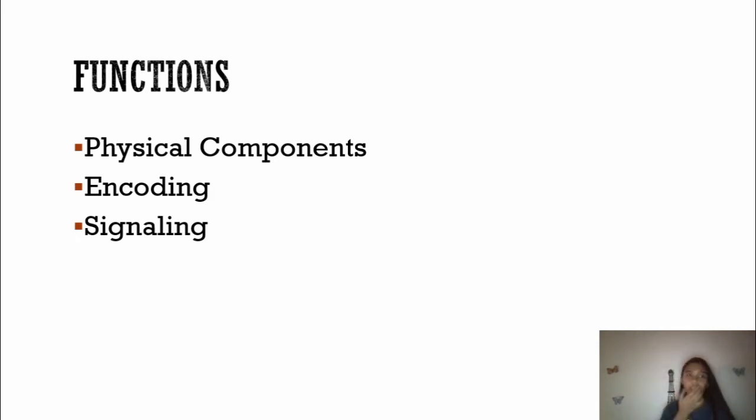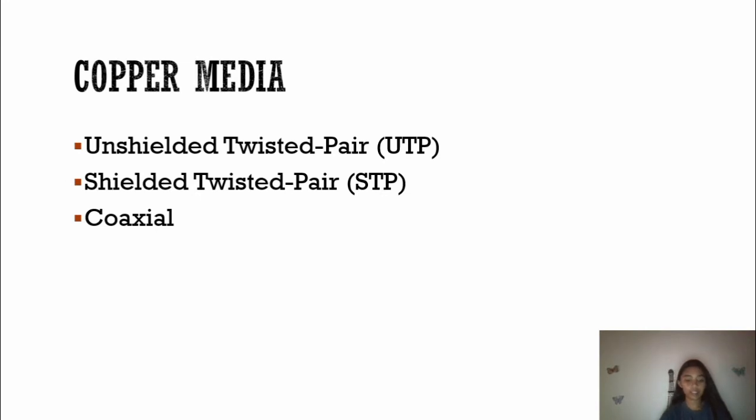So for the next one, we have the copper media. For this copper media, we have the unshielded twisted pair, or what we call the UTP, the shielded twisted pair, and the coaxial.